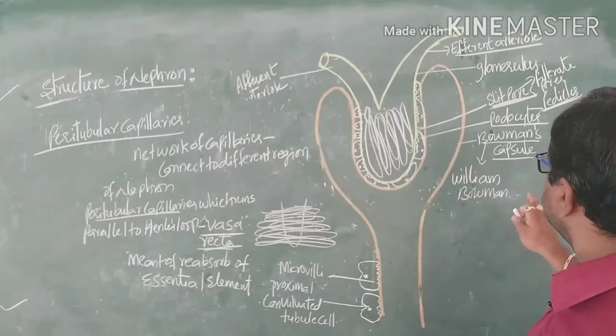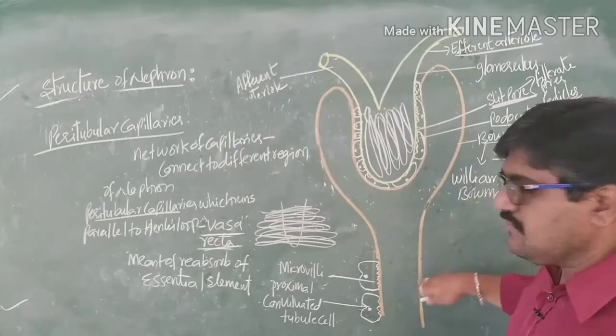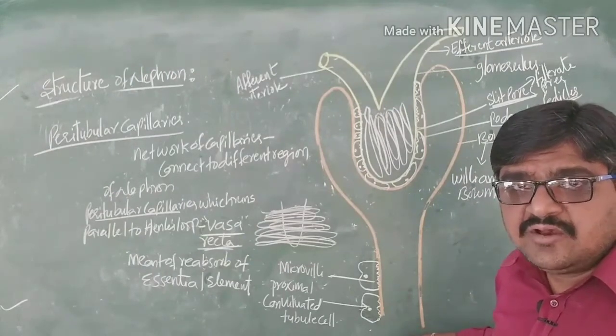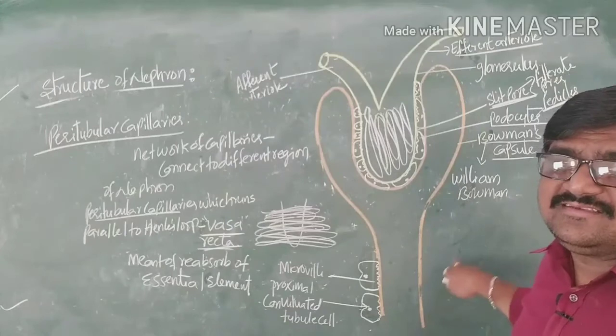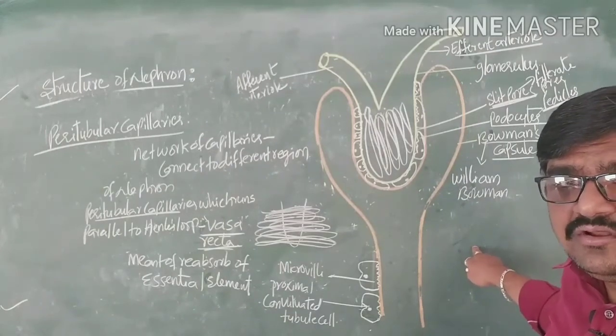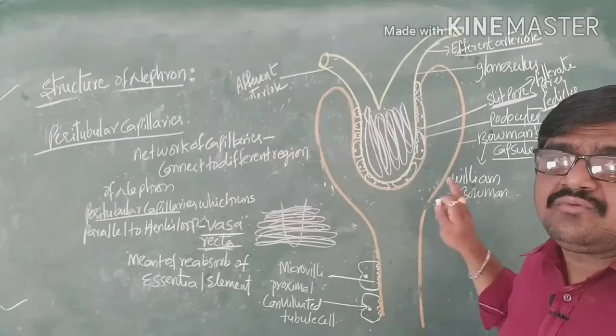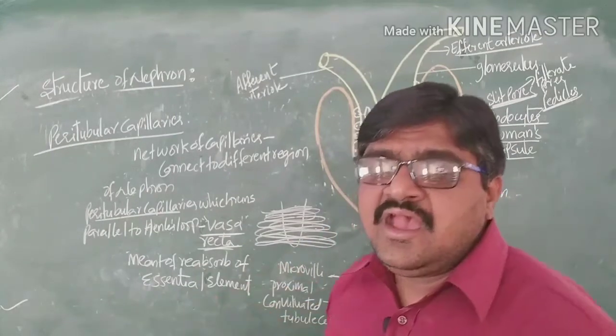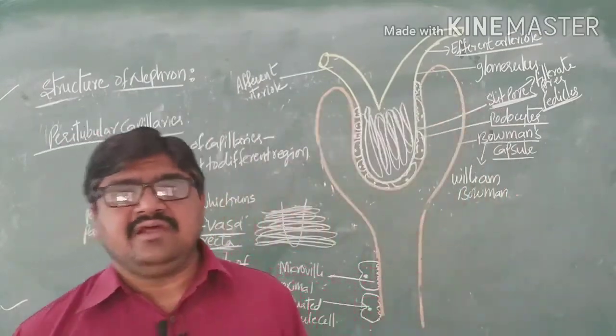From the Malpighian tubule, it consists of the proximal convoluted tubule, from proximal to the Henle's loop, from Henle's loop to the distal convoluted tubule, from distal convoluted tubule to the collecting duct, and then the peritubular capillaries.